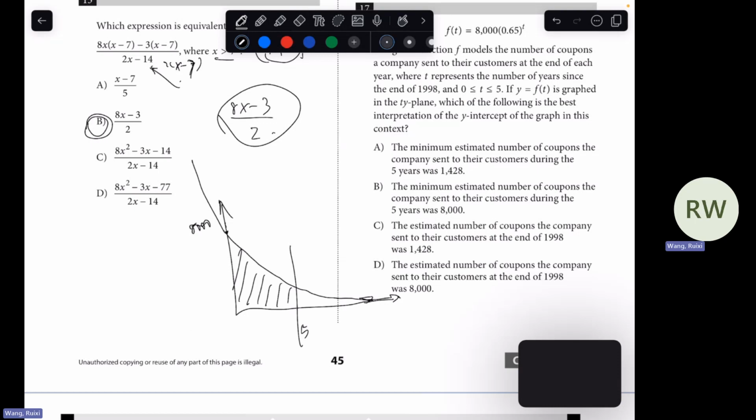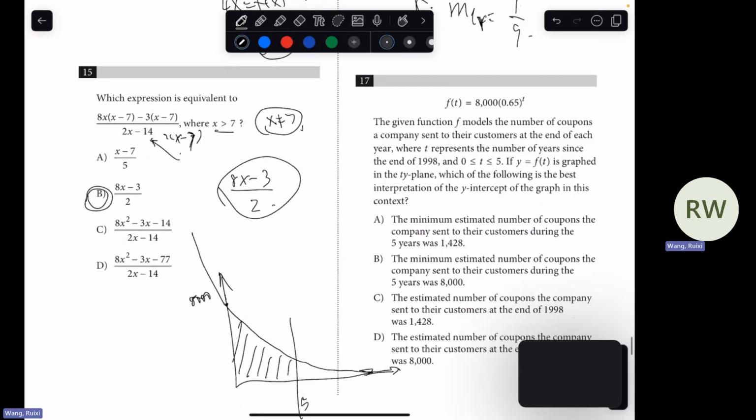The minimum estimated number of coupons the company sent during 5 years. So you want to try to use your calculator to do 8,000 times 0.65 to the 5th power. Okay. I don't think that's something I can do without any tool. But I can kind of estimate this because you know that 0.5 is close to 0.65.